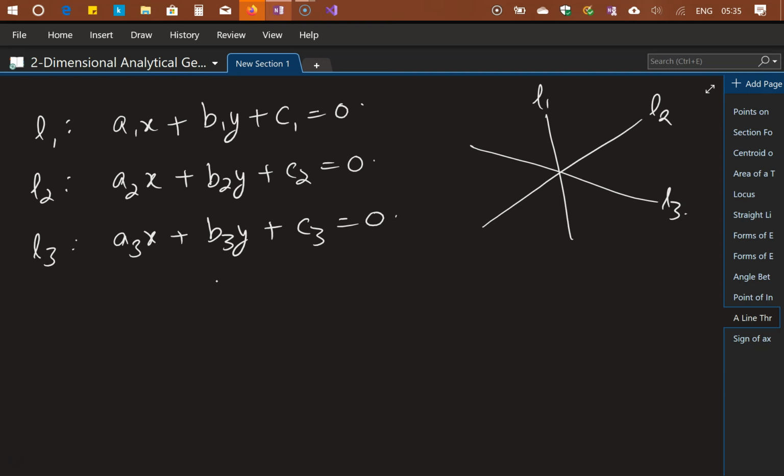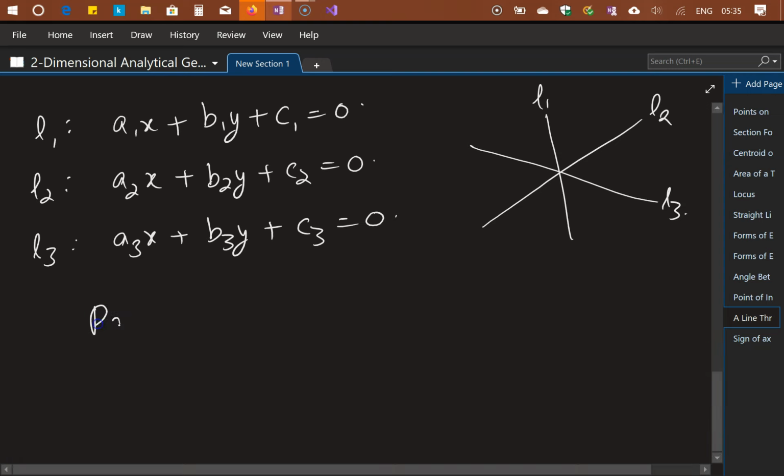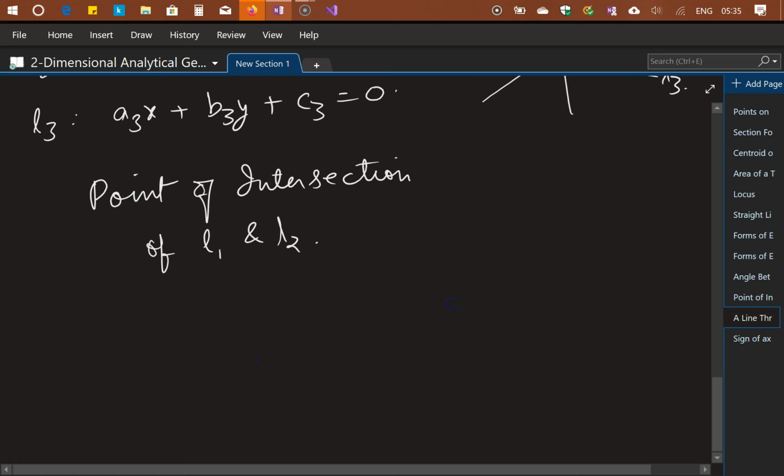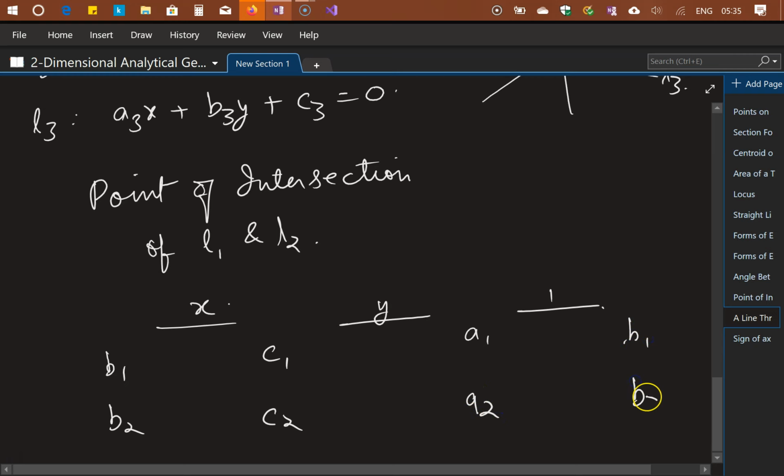Okay, so let's take it step by step. Now let's say the point of intersection of L1 and L2. Remember, we already know how to figure out the coordinates: x, y and 1 over b1 c2, b2 c1, a1 a2, b1 b2, cross multiply.